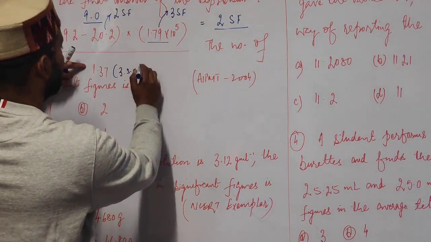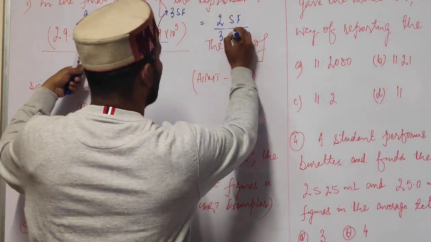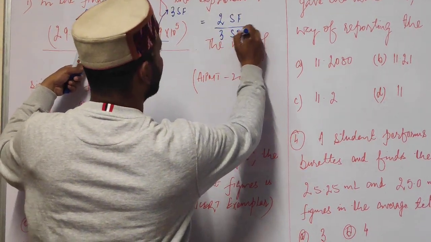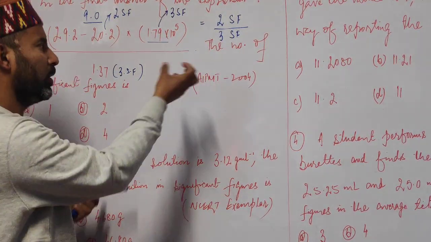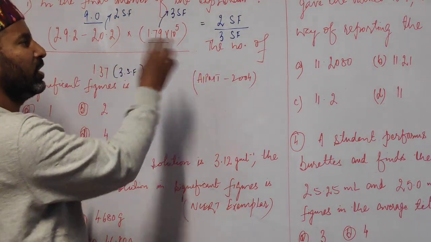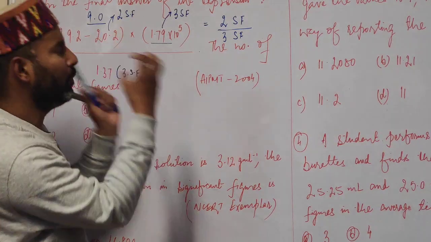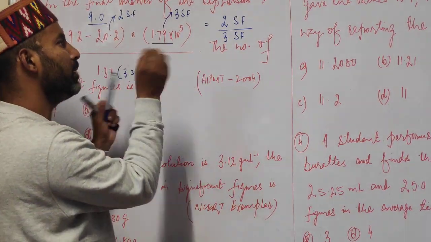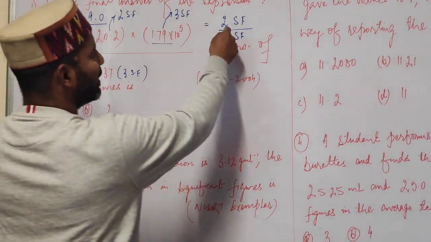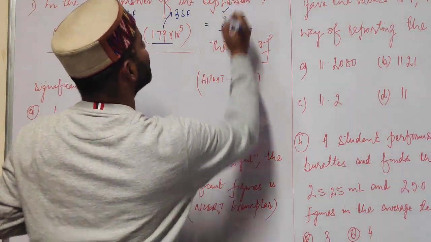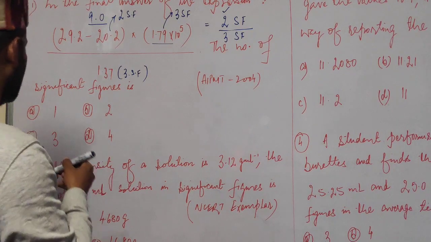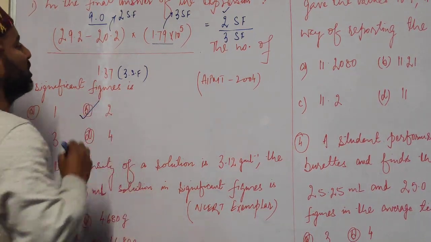But in division, the final answer should be reported up to the same number of significant figures as in the term with minimum significant figures. So again here we have a minimum of 2. That is why our answer is option B.